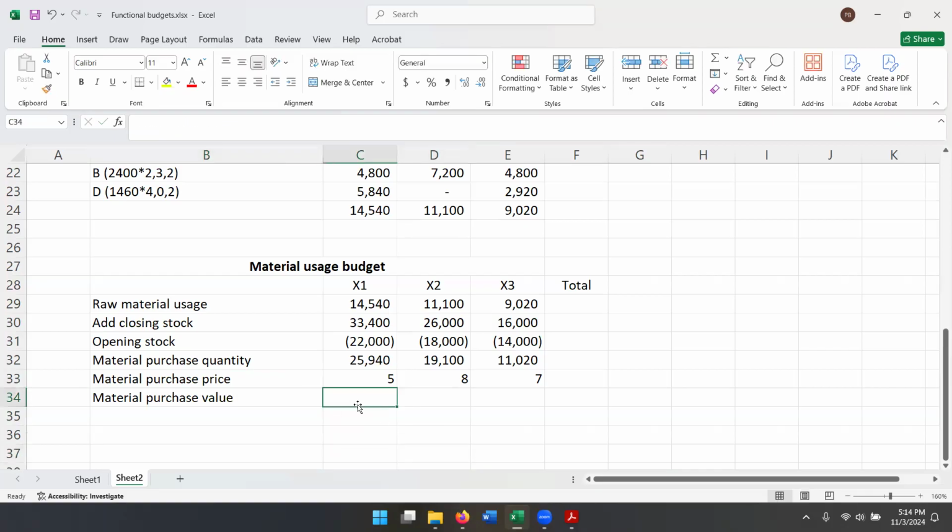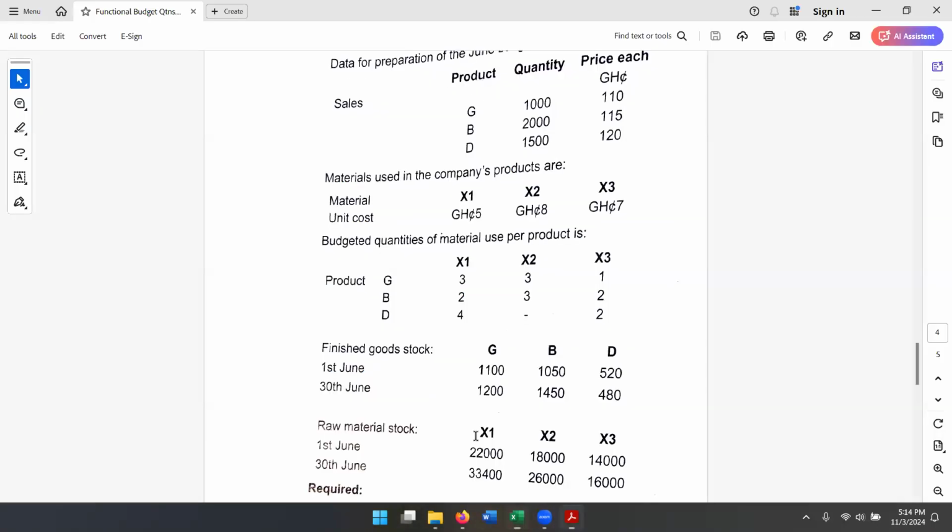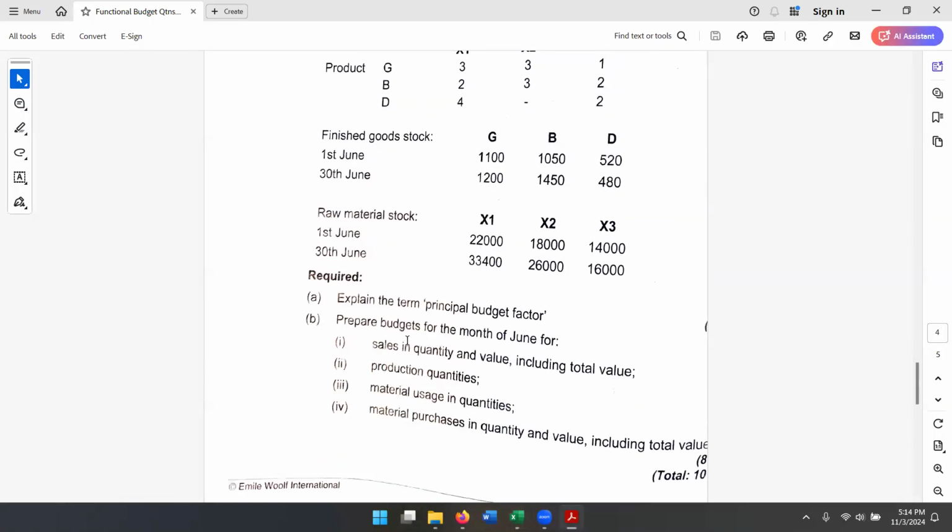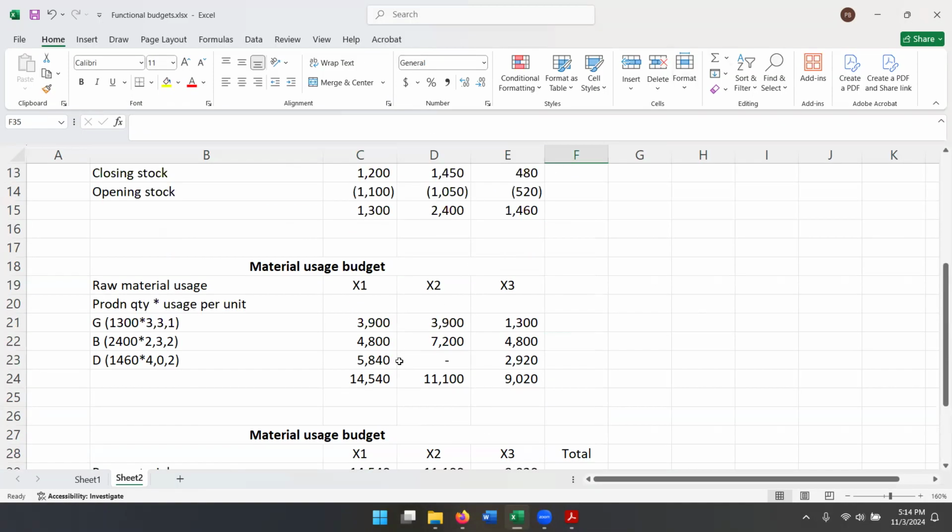You multiply the quantity by the price per unit, and that gives us the value. Then we add all these three to get the total value. And that is all. So that is that for this question. We are done solving the question. Please look at it, and if you have some questions, let me know. Thank you very much. Bye-bye.